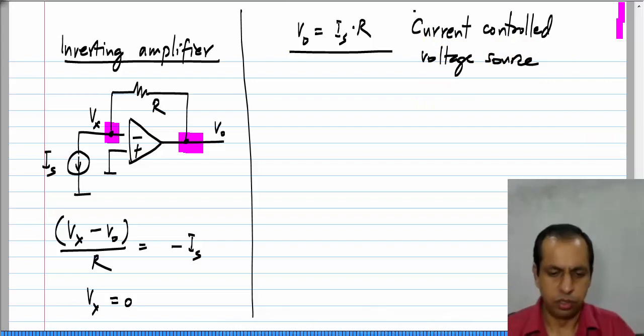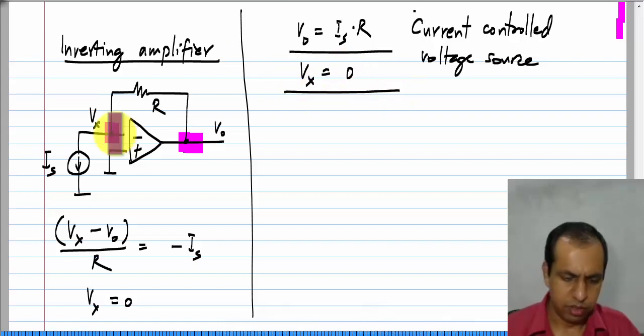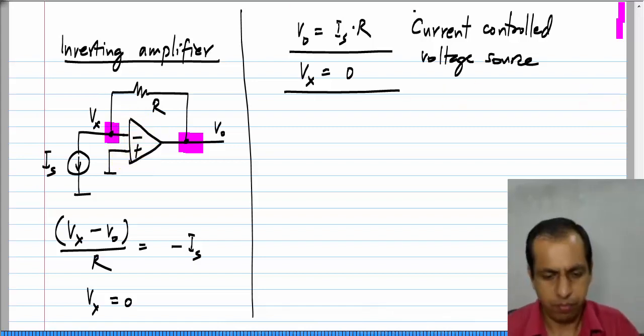So, the solution to this is V naught equals I s R, and of course, V x equals 0. The inverting terminal of the op amp is at 0 volts. So, now, as I said, it is a current controlled voltage source.